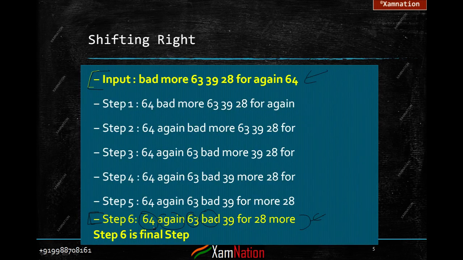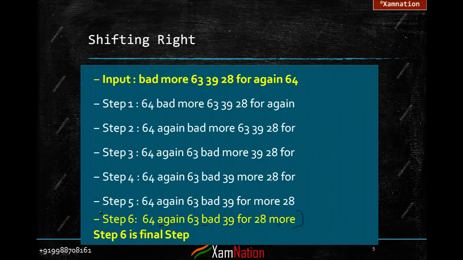Further, if you observe only the numbers, you can see they are in decreasing order: 64, 63, 39, 28. And if you observe only the words, you can see that the first letter of each word is in increasing order in the alphabetic series. For example, again A, then B, then F, then M. So this is one type of output they want to achieve.